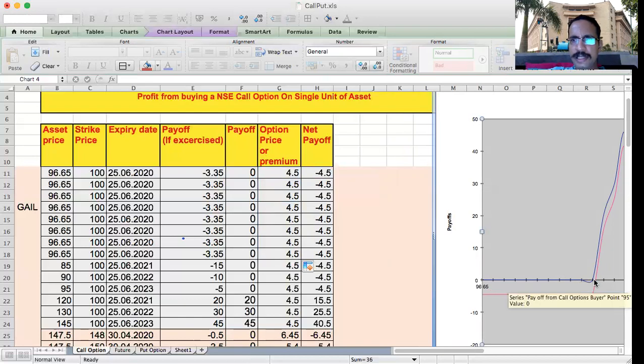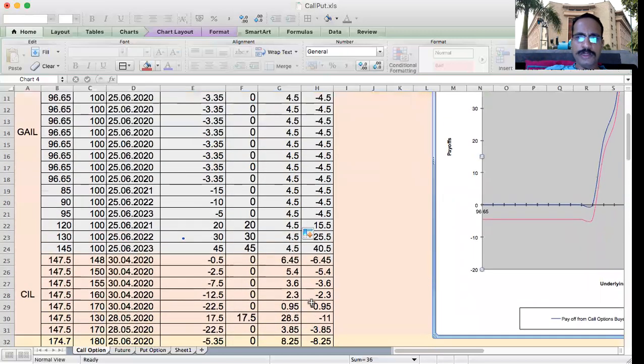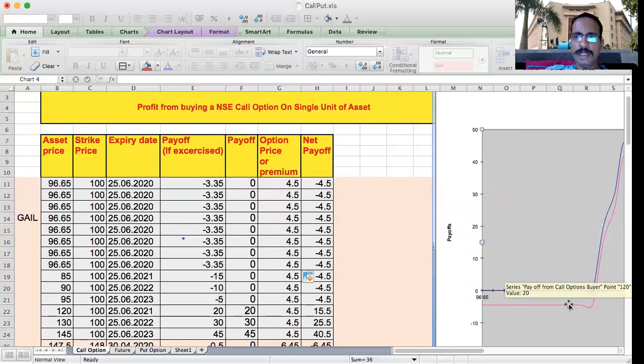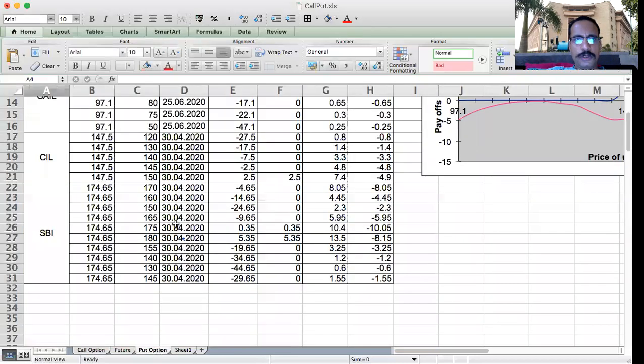So till the time you break even, you are making losses. This pink line is showing that you are making losses. As soon as you have asset price more than the strike price, you start making profits. Similar is true for the put option.